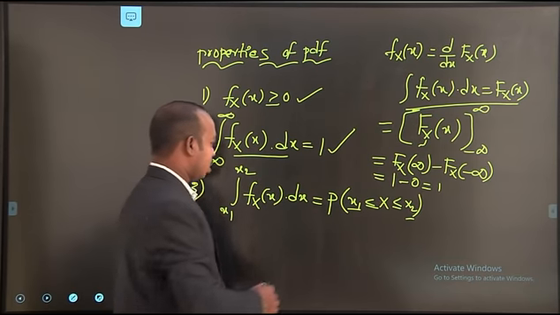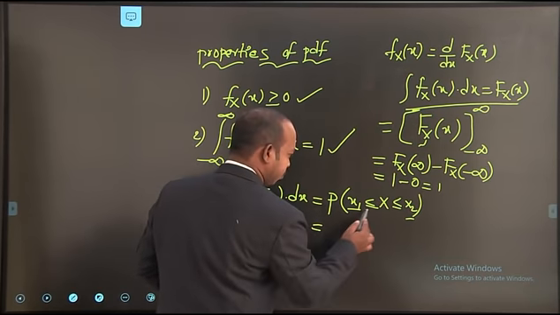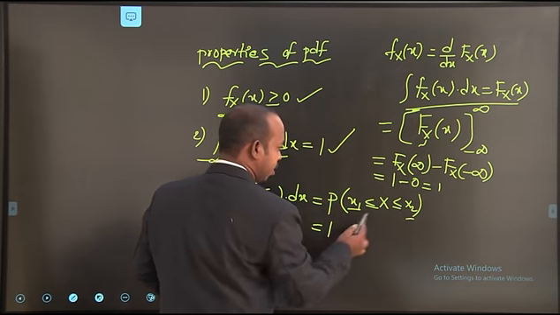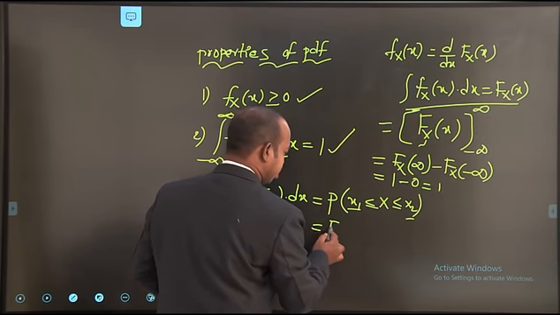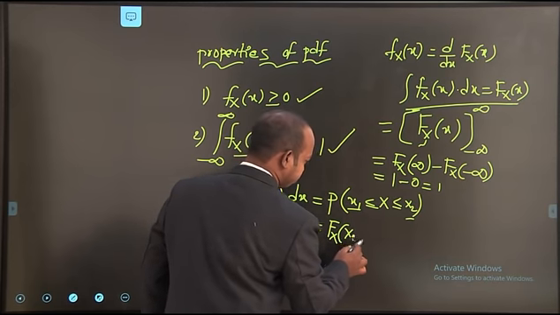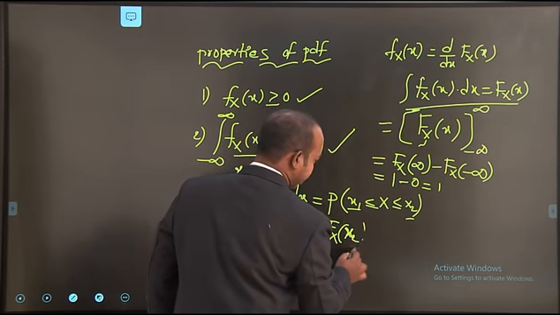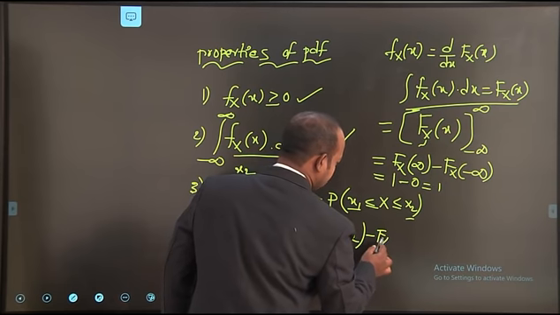In the case of the distribution function, we are writing in terms of the lower and higher limits: Fx of x2 minus Fx of x1.